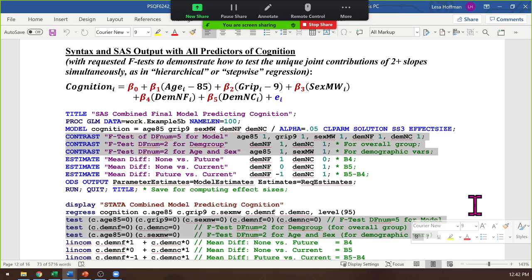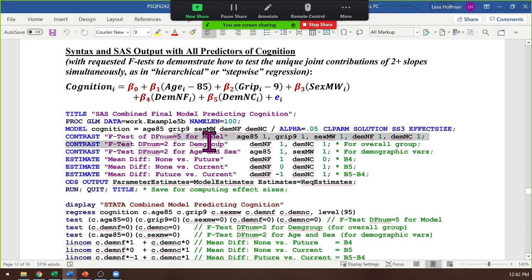So that's really here just for pedagogical purposes, or so that if you were somehow running a model where this didn't pop out automatically, you'd know how to get it. So if I list all of the predictors that are in the model, followed by a 1, separated by commas, or all 5 in different sets of parentheses in Stata, then I get the F-test for the model. Do the set of 5 predictors work together?